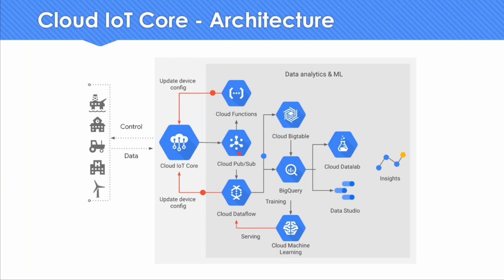Once the data is in PubSub, because it's streaming data, our Cloud Dataflow is going to come into the picture. Then you do some transformation and put it into your BigQuery.